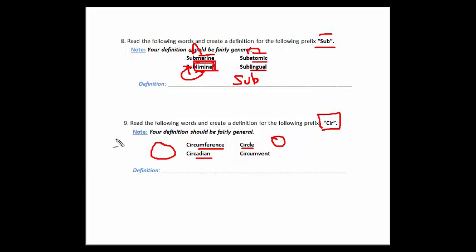Circadian rhythm is a circular pattern. Circumvent, it means to vent and then go all the way around. CIR suggests a circular type of pattern. Let's go ahead and pause the video here, and we're going to take a look at the next two. It's problem 10 and 11.